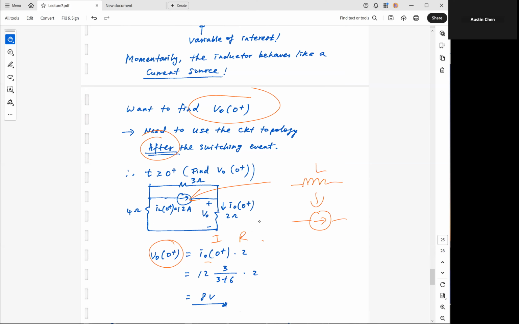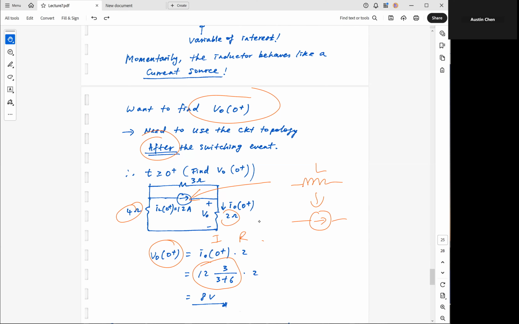So the question is, how do I find this I? Well, I can just use simple current division again, because I know the 4 ohm and 2 ohm, I can combine them together in series. Let me do it in 2 steps.